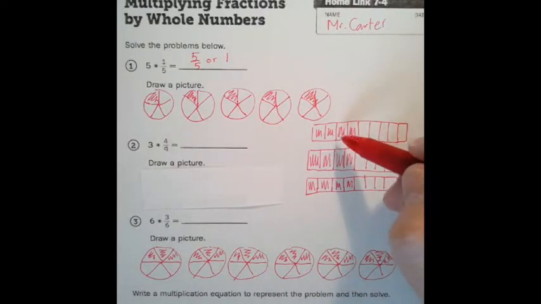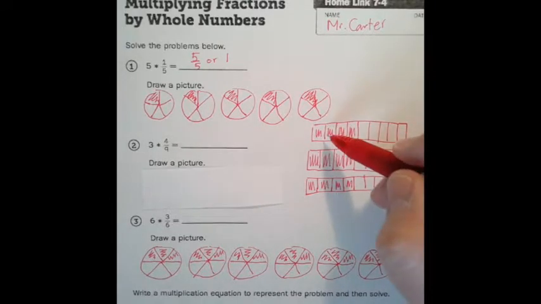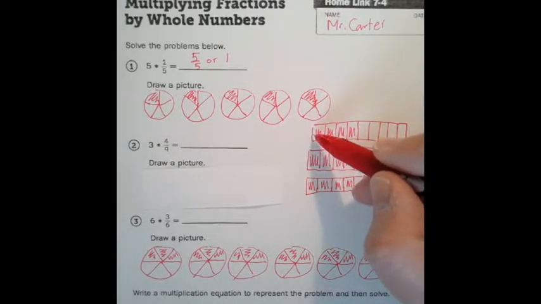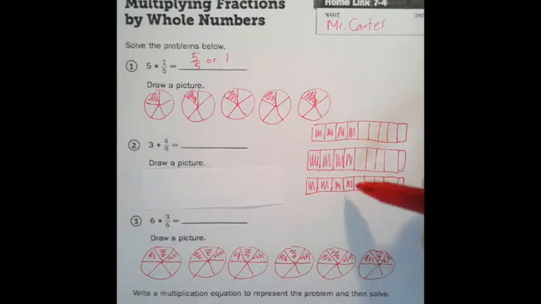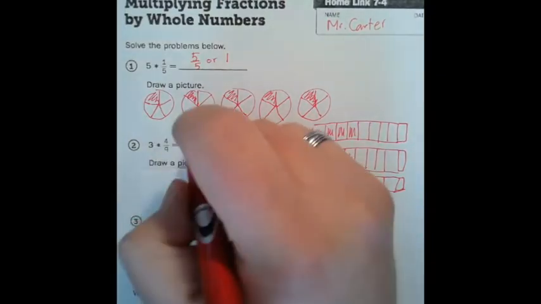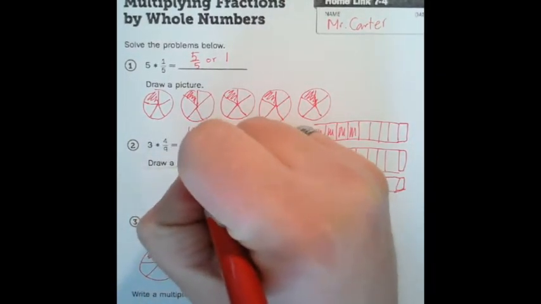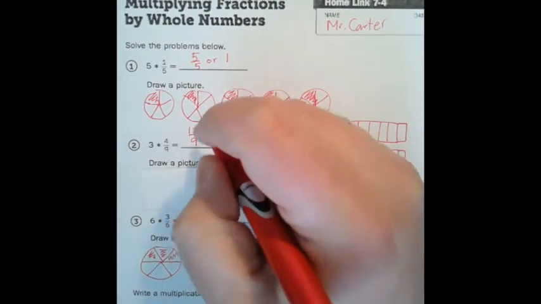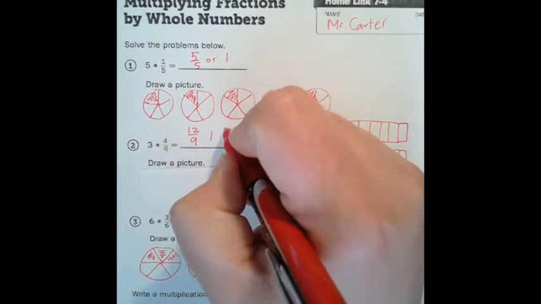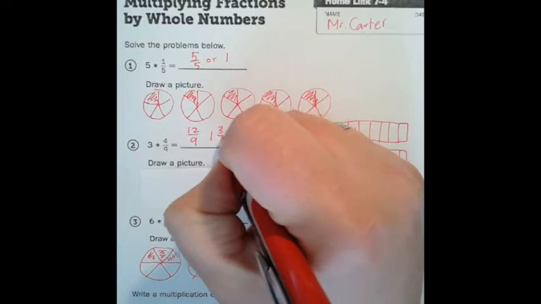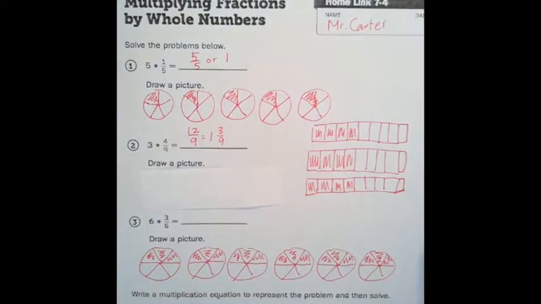So 3 groups of 4/9 would be the same as saying 3 times 4, because you can see we have 4 shaded here, 4 times 1, 4 times 2, 4 times 3. So 3 times 4 would be 12/9. That's a top-heavy fraction. We're going to break it apart into 1 whole, and there would be 3/9 left. So that would be the answer for number 2.